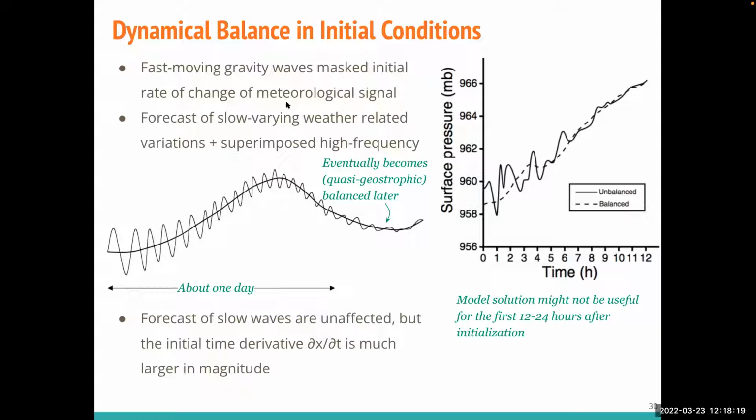You don't want to introduce gravity waves in your model at the beginning, which are not physical. Maybe the physical ones you like, but you don't want the unphysical ones. So it will not affect your slow varying weather events sometimes.